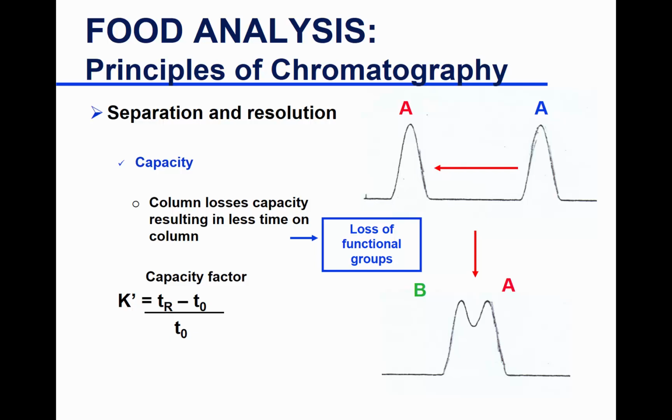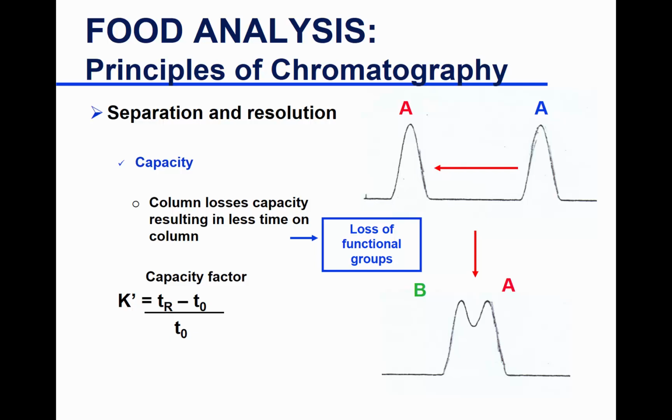And then by going backwards, it's going to hit another solute, and then they will not separate. B already had low selectivity to the column, and B was already eluting faster. And then when you reduce the capacity of the column over time, A is also going to elute faster, and then you lose resolution, sorry.